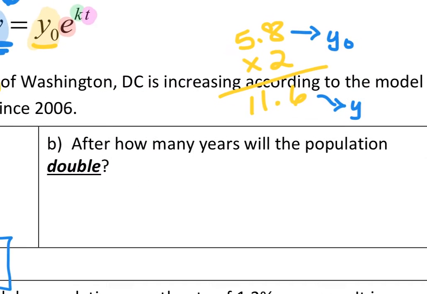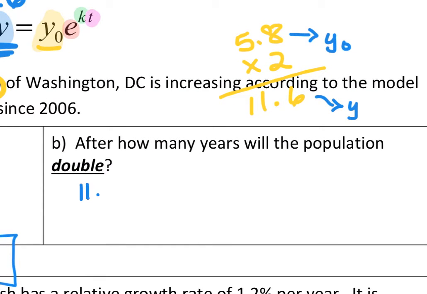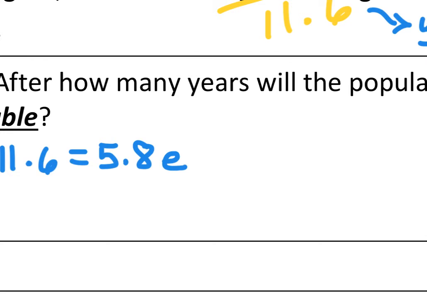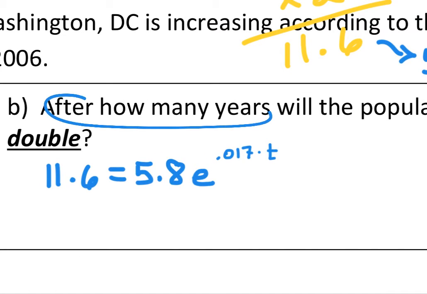So when I substitute into this equation, it's going to be 11.6 equals 5.8 times e to the 0.017 times, and this time we're solving it after how many years? That's t, that's what we're solving for. So t is what we don't know.